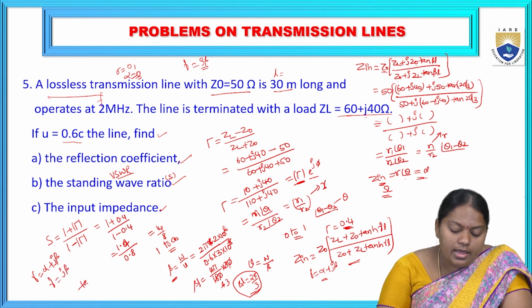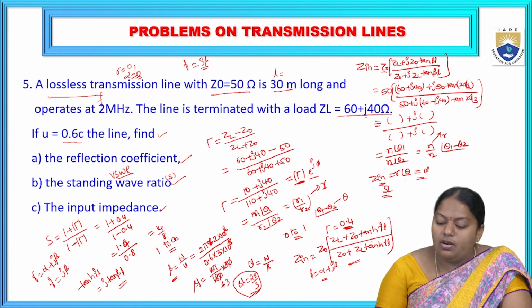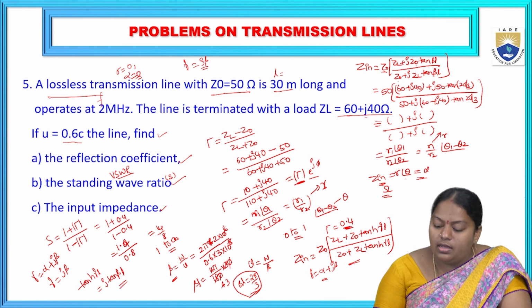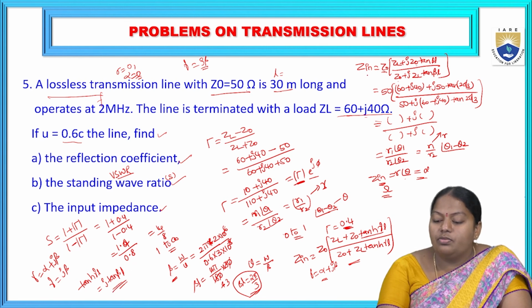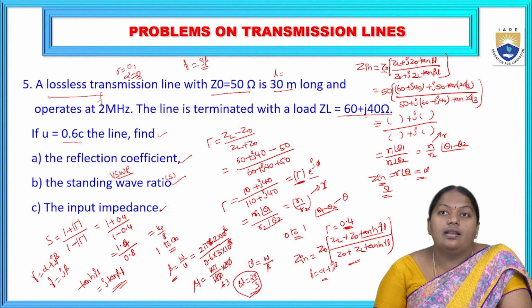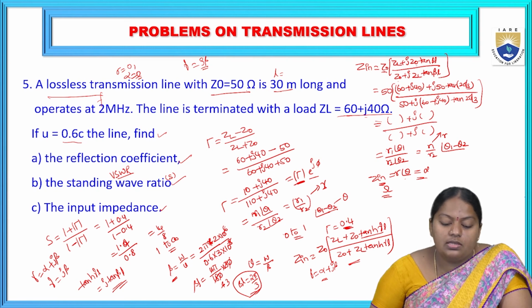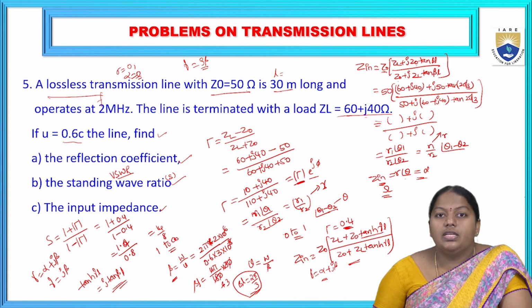In this case tanh gamma L becomes j tan beta L. That's why for a lossy transmission line it is tanh gamma L, and for a lossless one tanh gamma L becomes j tan beta L, and hence the formula becomes Zin is equal to Z0 into ZL plus jZ0 tan beta L by Z0 plus jZL tan beta L.